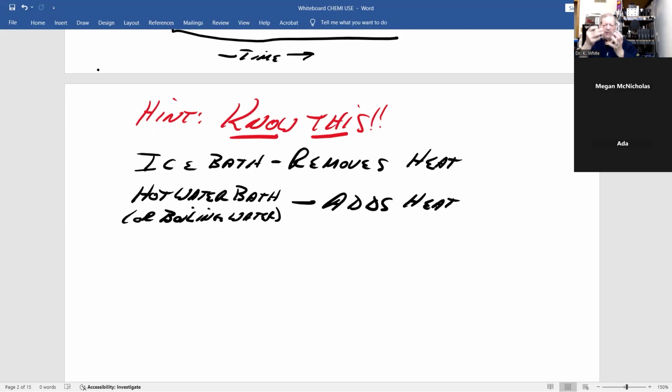Ice bath removes heat, boiling water or hot water bath adds heat.